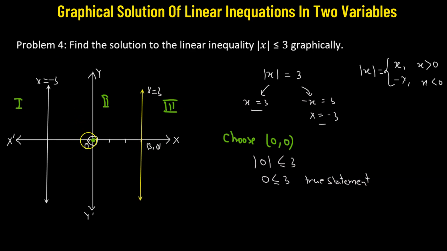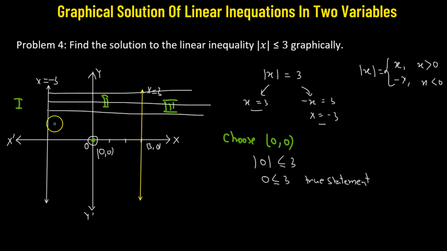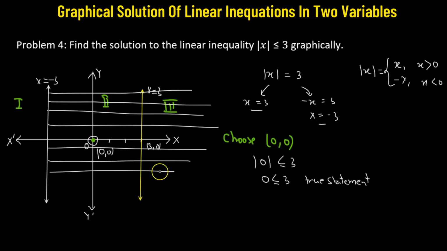Since it's a true statement, the origin is a part of the solution. If we consider the first line x equals -3, then our solution lies to the right of the line x equals -3, also including region 3. This is our region. Here we are including the line, so points lying on the line x equals -3 are also part of the solution.